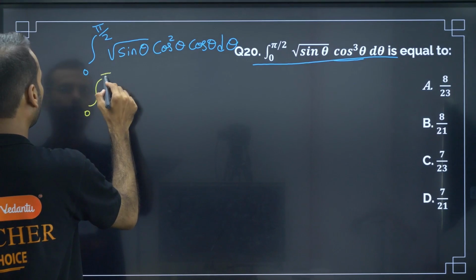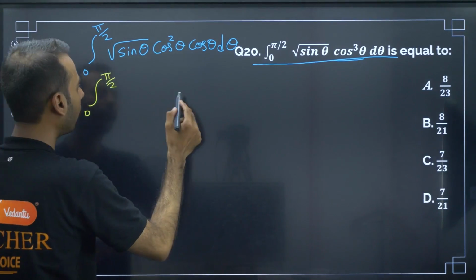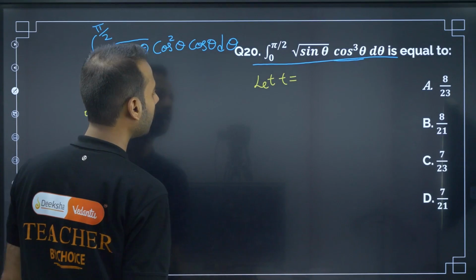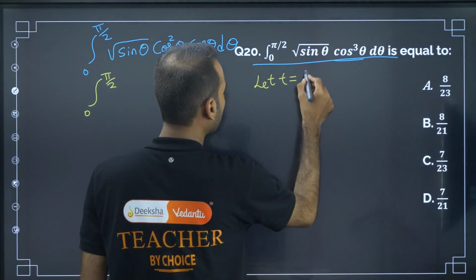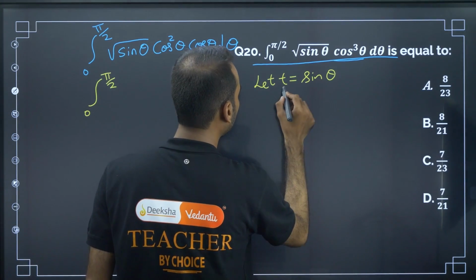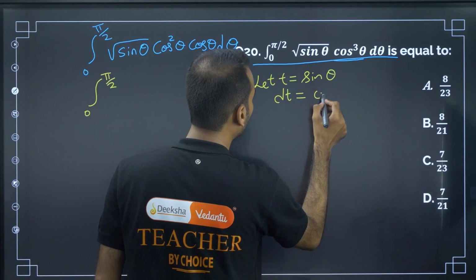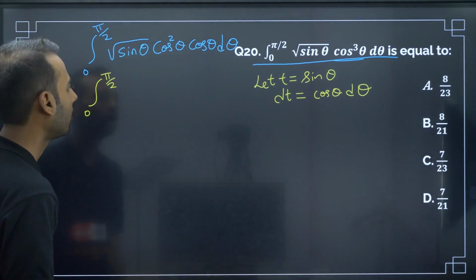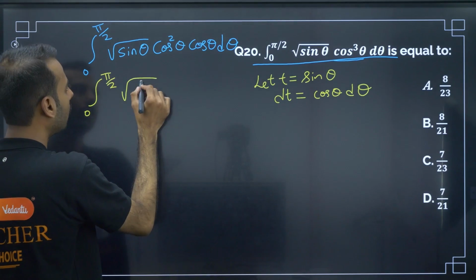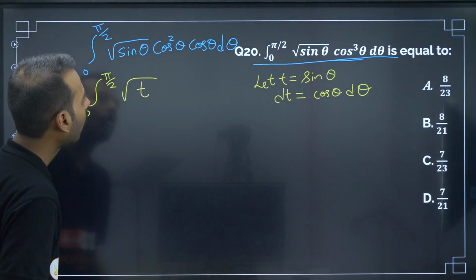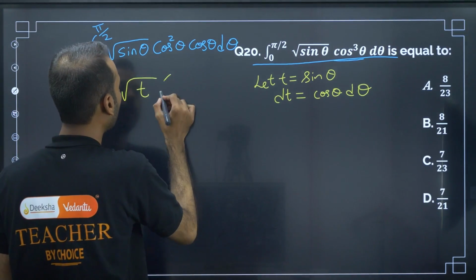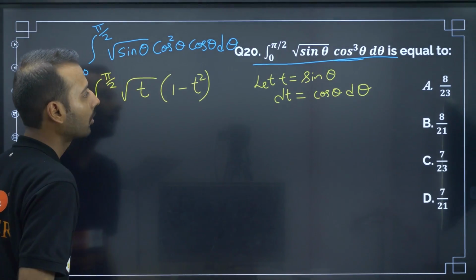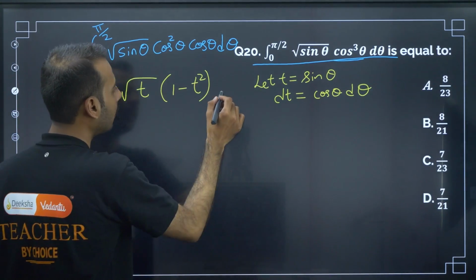Next, integral from 0 to pi by 2. I will go for some substitution. Let t is equal to sine theta. Next, dt is equal to cos theta d theta. Root t, and cos square theta can be written as 1 minus sine square theta, so 1 minus t square. Cos theta d theta is dt.